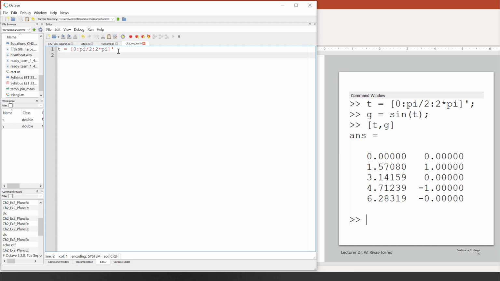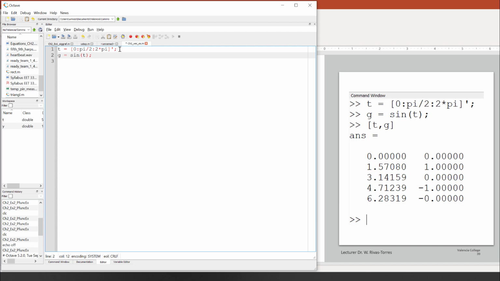Now let's say that my vector g equals sine of t, right? Oops, sorry, I meant to put the semicolon. And that's just those values from 0 to 2 pi in pi over 2 increments.